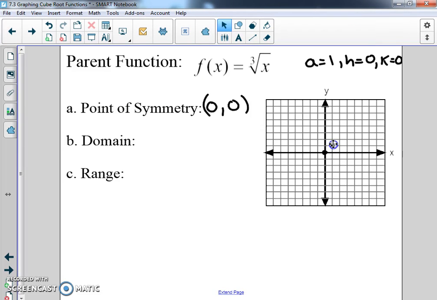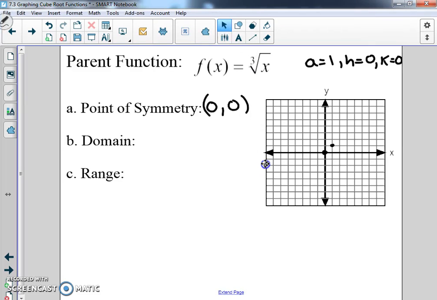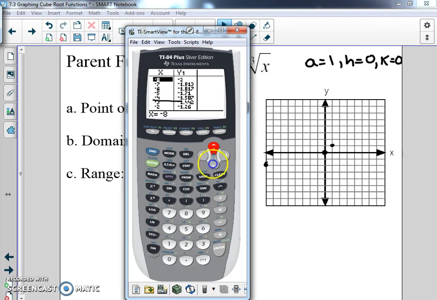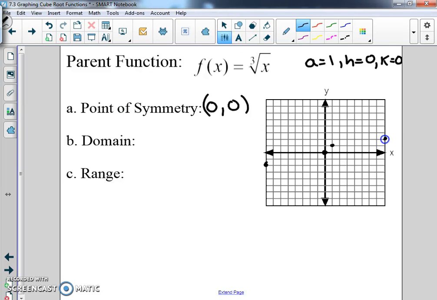And I'm just going to focus on graphing points that are easy to graph. So -8, -2 is right down here. And since there's going to be symmetry, I'm probably going to have +8, +2. And I see that as well. Okay? So +8, +2. If I graph this, I've got these 4 points to go through.